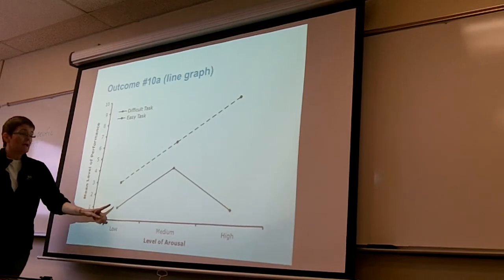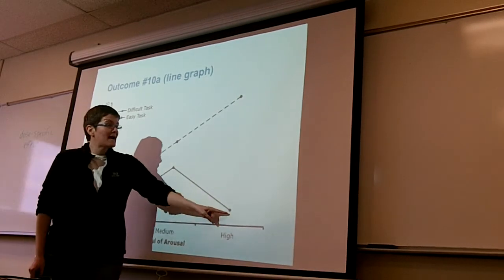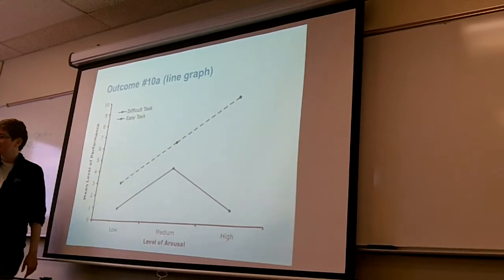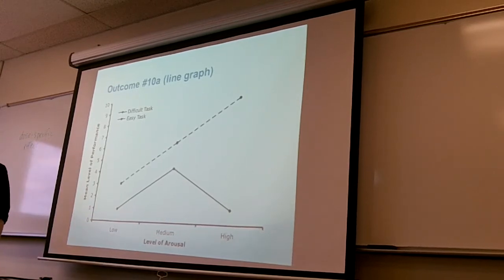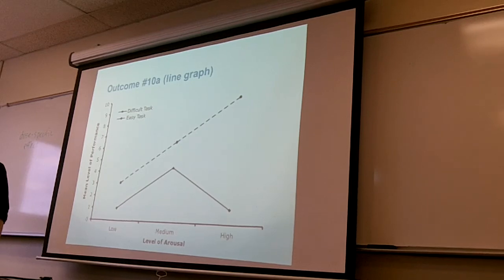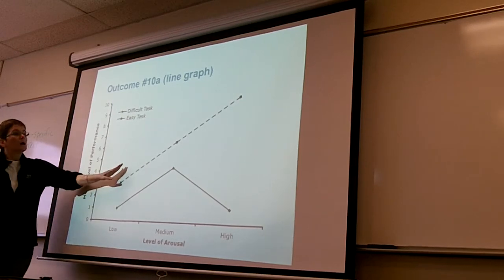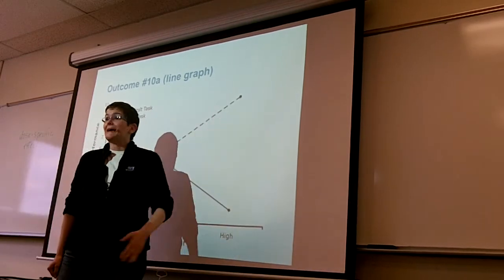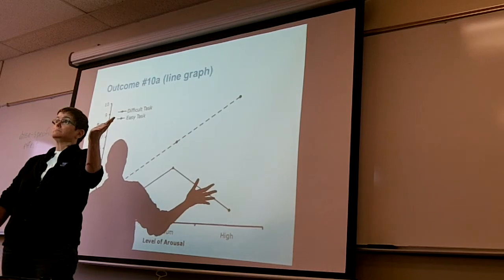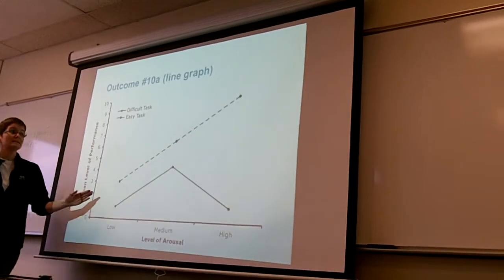Because here's what happens. Their performance on hard tasks crashes. When you are too amped up, you can't concentrate on hard tasks. And your performance actually drops to as if you were not alert at all. Your performance on easy tasks goes up because you are so aware and it's easy. Okay, so it continues to go up.